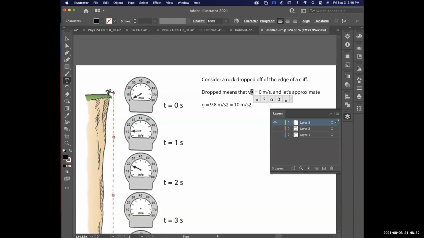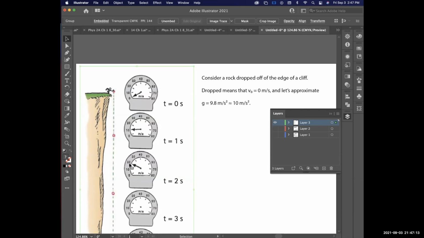Okay, we're going to change this to that one. So if we have the acceleration g approximately equal to 10, it's going to start at 0, and then 10 after 1 second, and then 20 after 2 seconds.